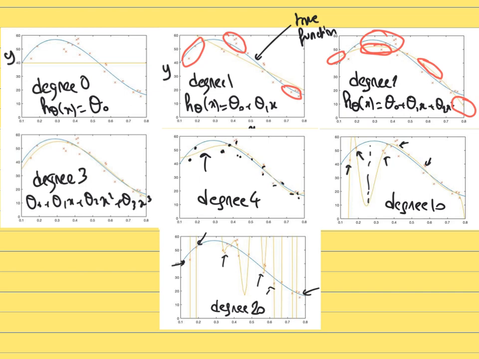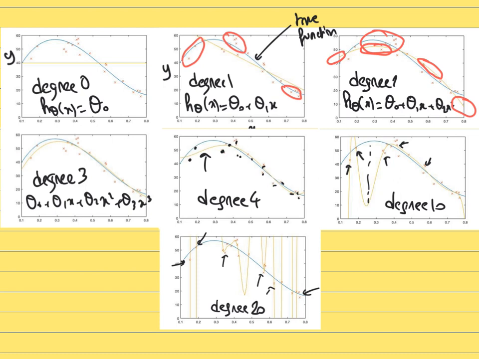On the other hand, if you are using a very complex model, then the function that you are going to develop as your machine learning model will go through every single point of your examples, of your observations. But in this case, again, it will not be a good approximation of the true blue function. So in this case, you would be doing a pretty bad job, because if your machine learning model looks like this, you cannot use it in practice to predict anything.